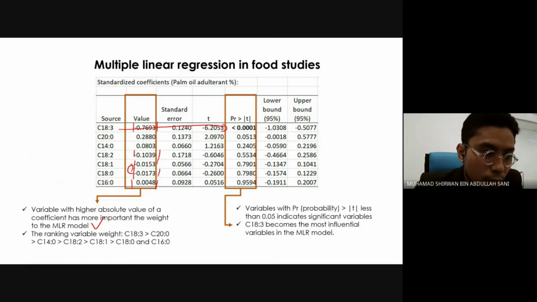So instead of focusing on this one, you can just focus on this one, it is also acceptable. If we compare, the most influential is C18:3. The least influential or significant is C16:0 according to probability. So you can choose this one or this one. For me, I prefer this one because we already set up 0.05 as our guideline.